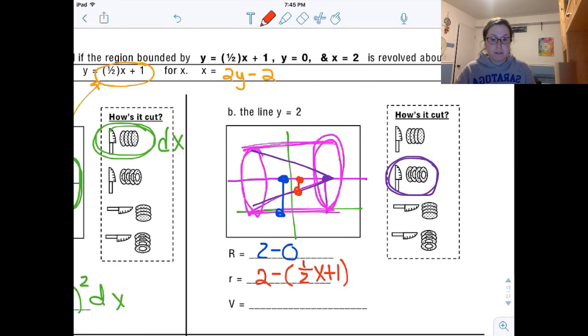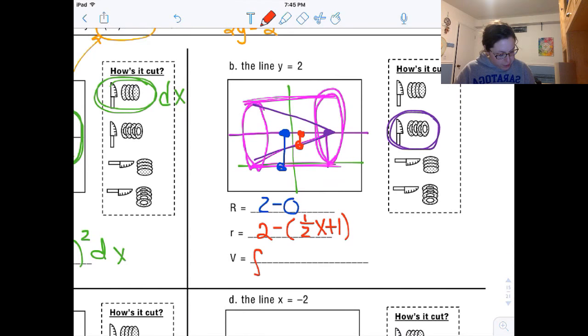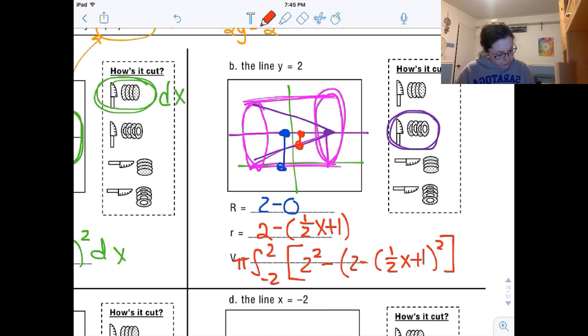That's your inner radius. Now this is a washer, so what I would be doing is the integral from -2 to 2, same as before, of pi times my outer radius squared minus my inner radius squared. And that would be the volume of that shape.